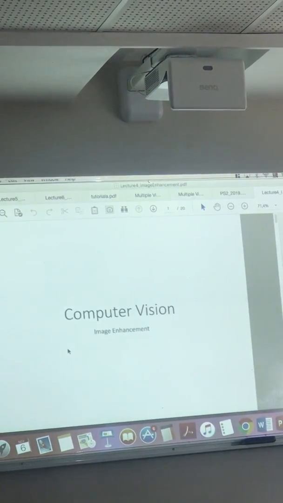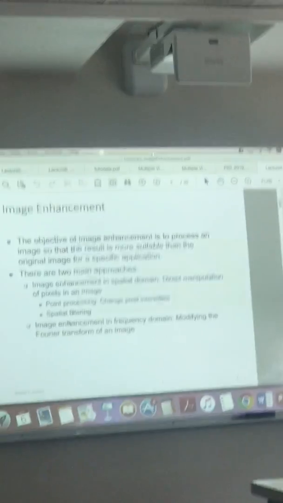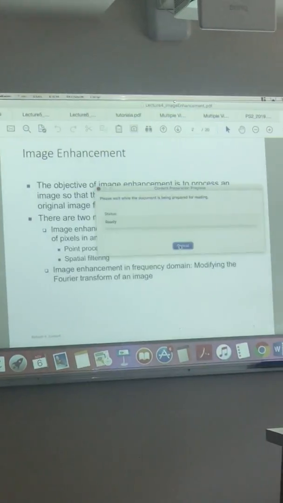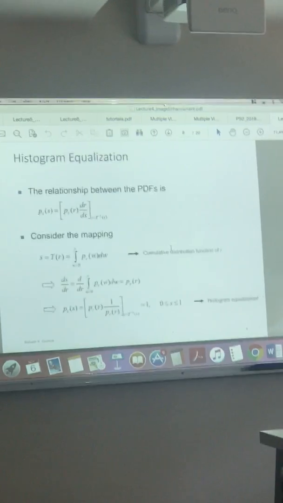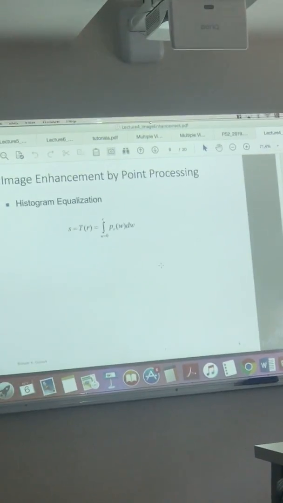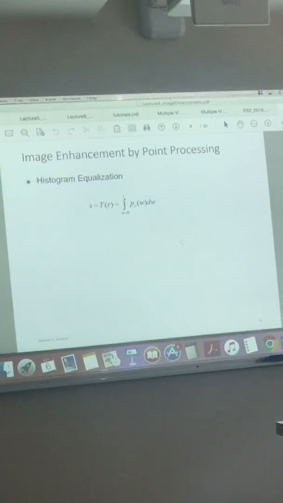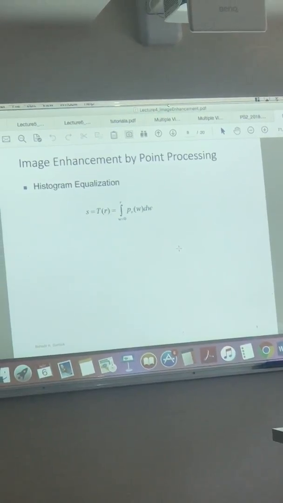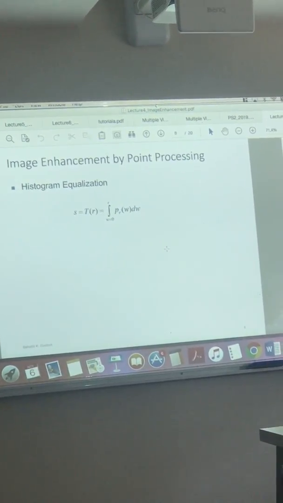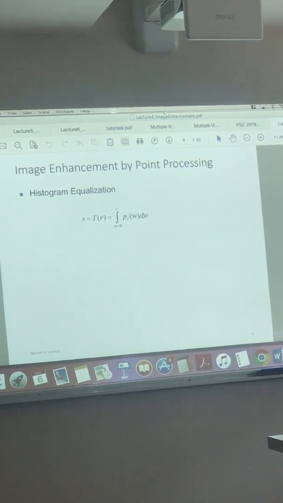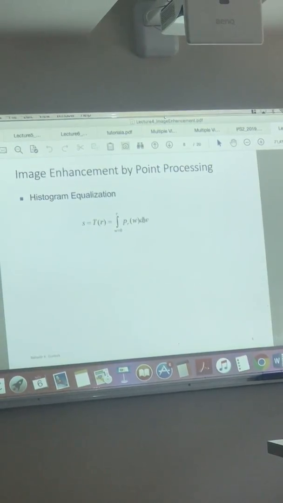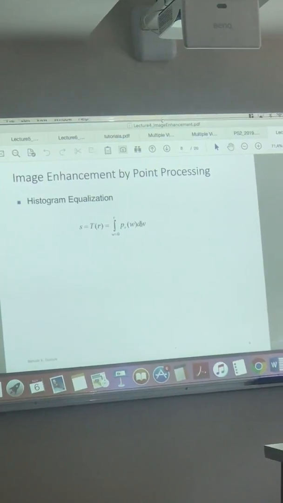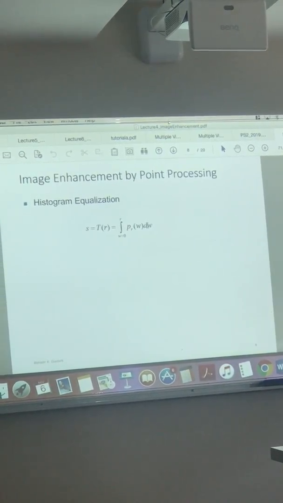And then we discussed image enhancement. Here the critical thing is the histogram equalization. Essentially this equation: given the normalized histogram of an image, how you can find the histogram equalizing function.